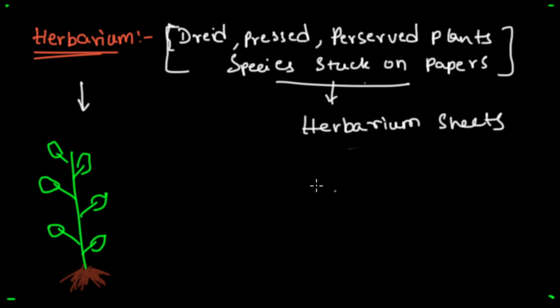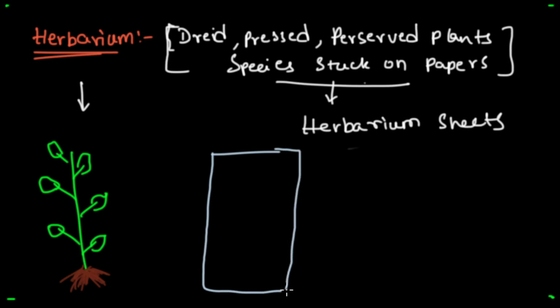You will be noticing that on the herbarium sheet, if this is your herbarium sheet, here the dried preserved plant is stuck. So see, this is your dried pressed plant which is stuck here, and you will be finding a label here, a small label here.